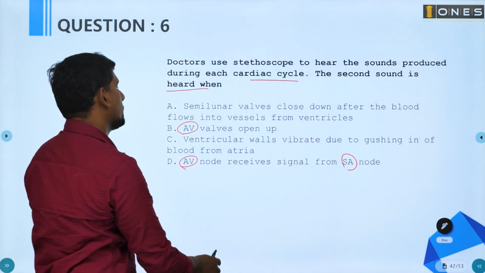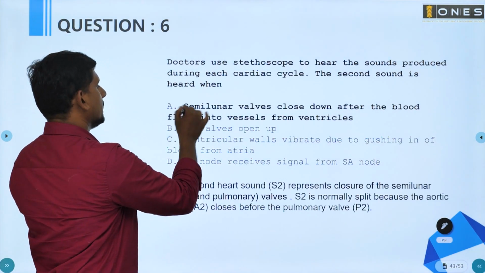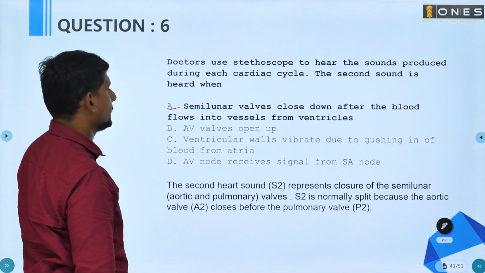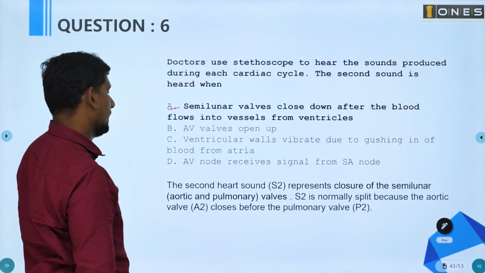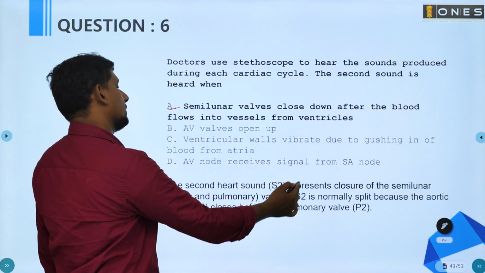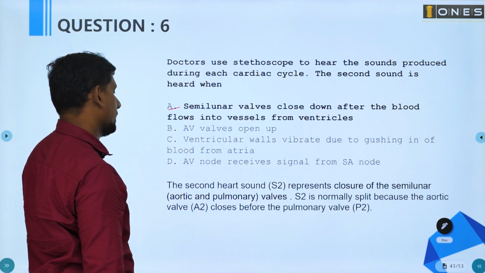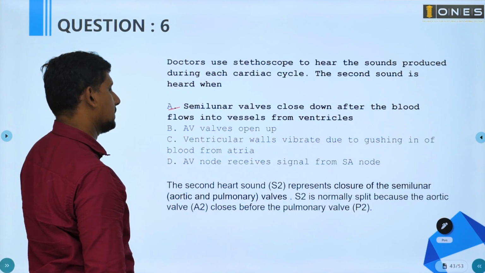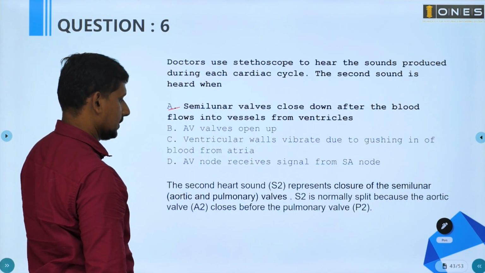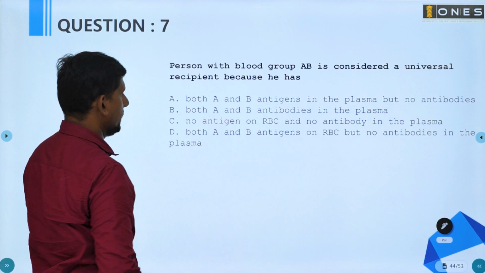The right answer is the first one. The second heart sound, S2, represents closure of the semilunar aortic and pulmonary valves. S2 is normally split because the aortic valve A2 closes before the pulmonary valve P2.